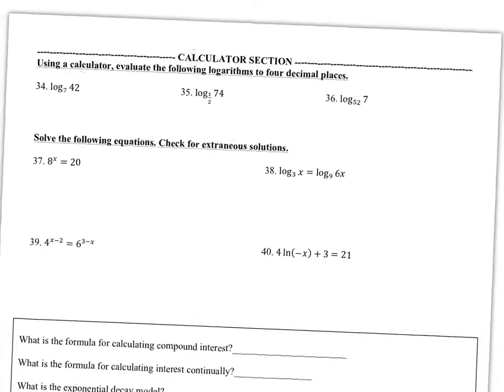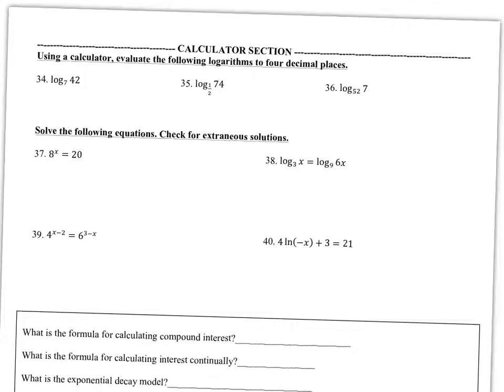Last page. Last page I'm allowed to use a calculator on. So using a calculator, evaluate the following. Hopefully you all don't have any issues with this. I can't really show you how to do this with my calculator, but I can walk you through the steps of what you'd push. You would turn your calculator on. You then press alpha, and then you press the window button, which is all the way at the top. And number 5 says log base. You can also press math and scroll all the way down, and letter A is also log base.